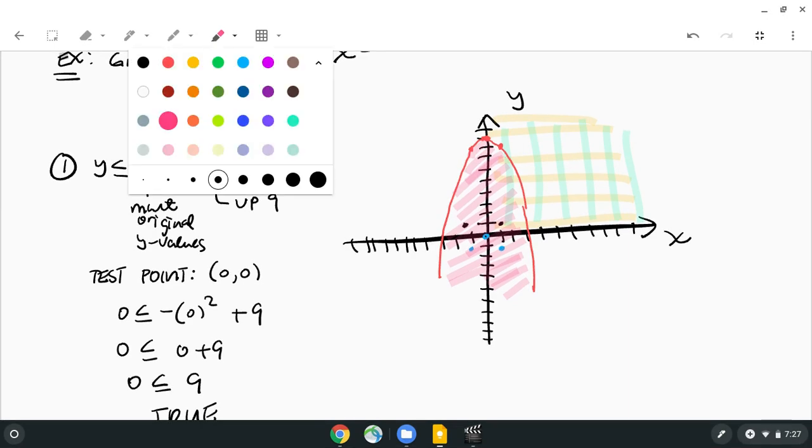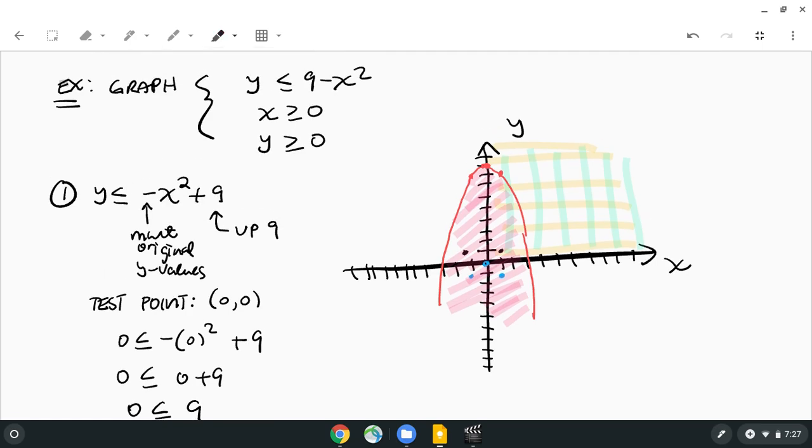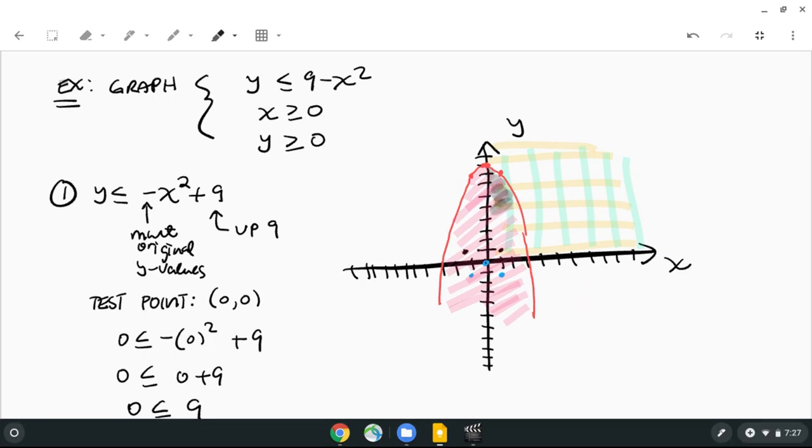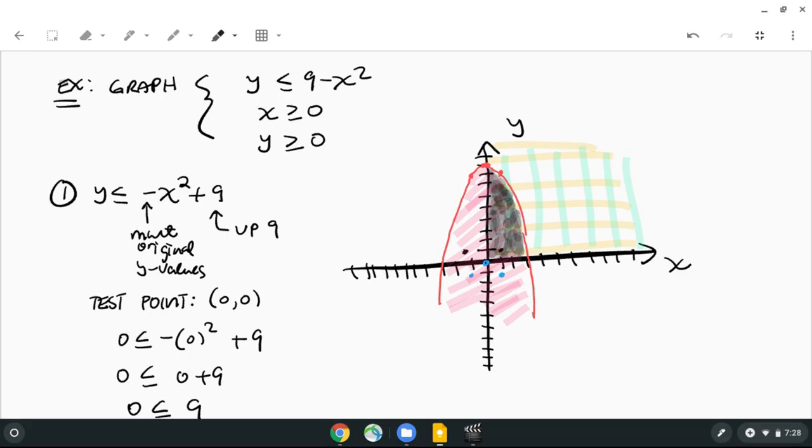So my final solution is right in here. Everything in quadrant 1 below that parabola, and nowhere else.